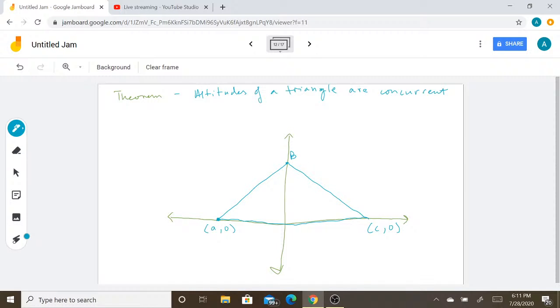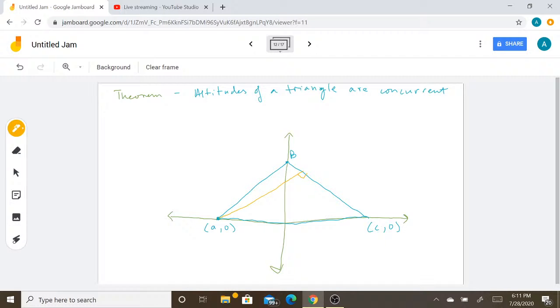If we remember what altitudes are, they're segments stemming from vertices to the opposite side, creating a right angle. So the altitude from this point here, I'll use a different color. The altitude from A, 0 would stretch to side BC and create a right angle.